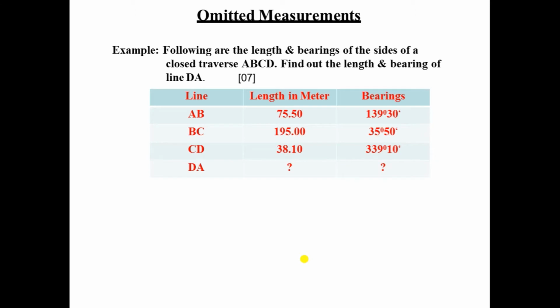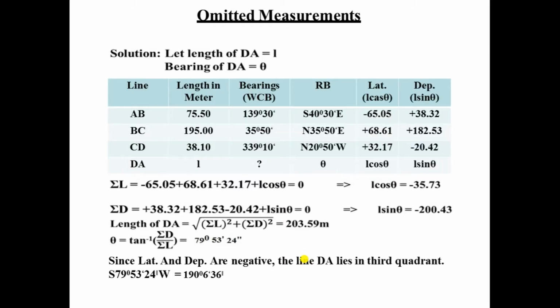and the bearing of the line, theta, is equal to tan inverse of sigma D by sigma L. Now see, in the real scenario three readings have been given and the length and bearing of one line is not given. So how can we find the length and bearing? First we have to calculate latitude and departure of the available data.